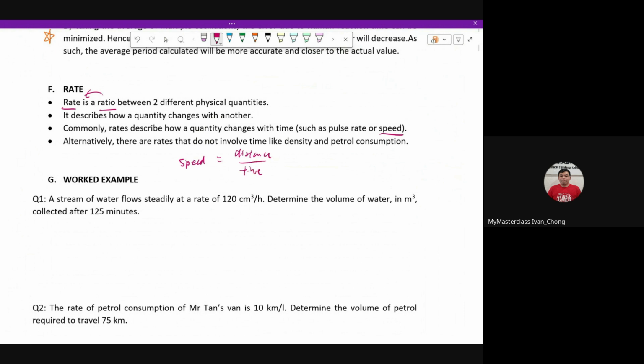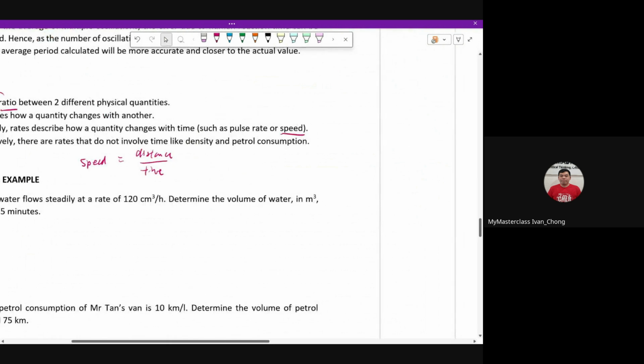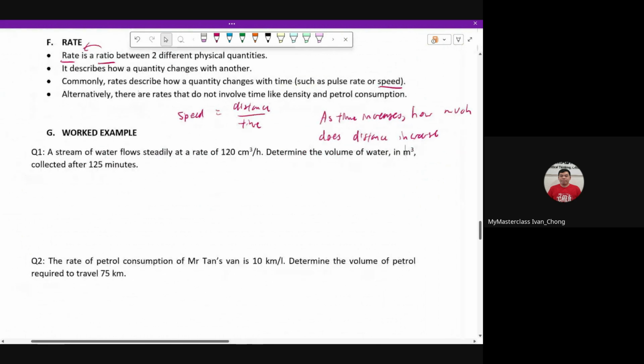So what does that mean? Your speed means as time increases, how much does distance increase? Basically, that's what speed means. If you are fast, your distance will increase much more.